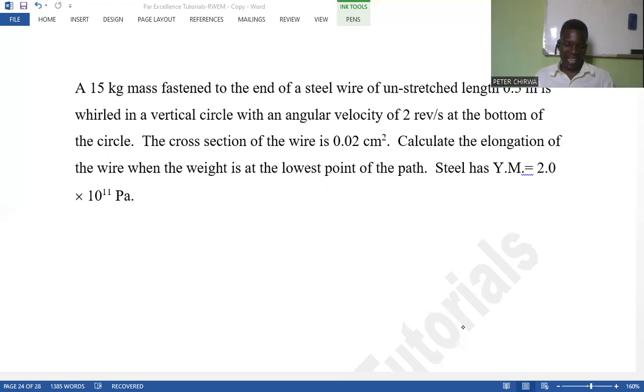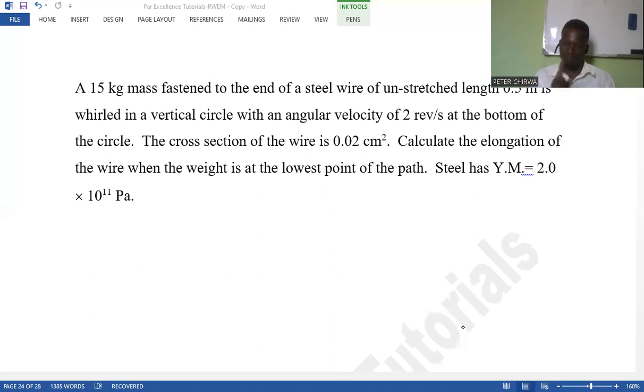The question says, a 15-kilogram mass fastened to the end of a steel wire of unstretched length 0.5 meter is whirled in a vertical circle with an angular velocity of 2 rev per second at the bottom of the circle.